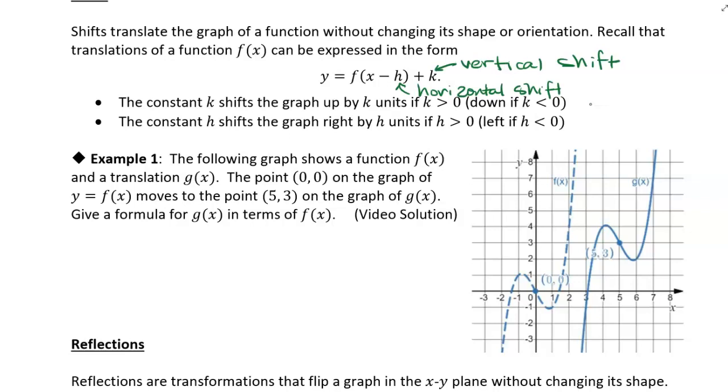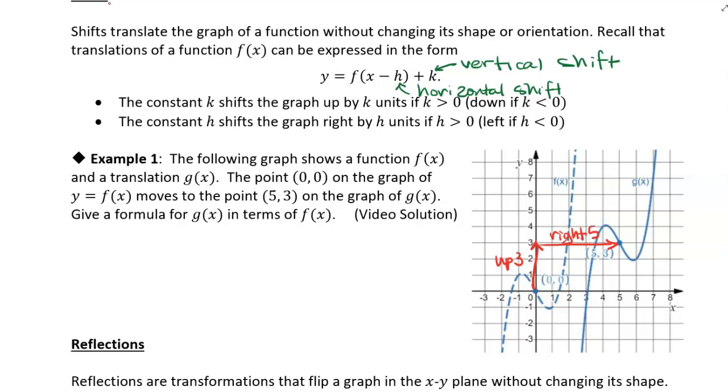It looks like we've got a vertical shift. I'm going to get a different pen here. Let me do red. It looks like we're taking this point 0, 0, and that becomes a new point on the new function. So we're shifting up 3, and we're going to the right by 5.